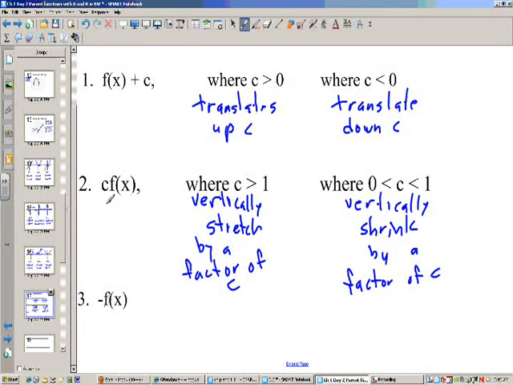If there's a negative, so that's like saying if c goes below 0 in number 2, that's going to be a reflection over the x-axis.